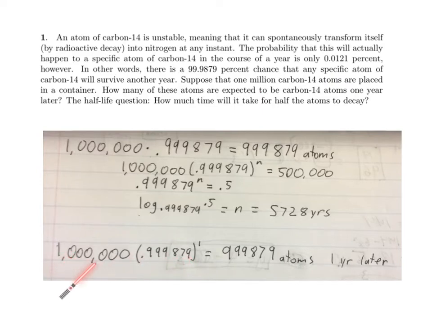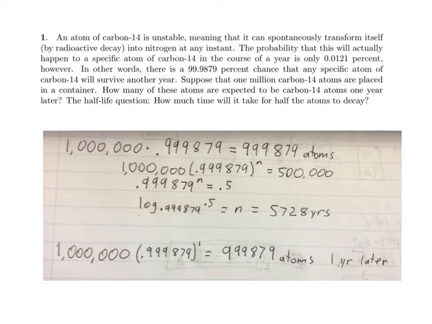So you start out with 1 million, and then this is your growth rate. It's only dropping by 0.012%, and then this is your 1 year, and so you get 999,879 atoms 1 year later. Pretty straightforward.